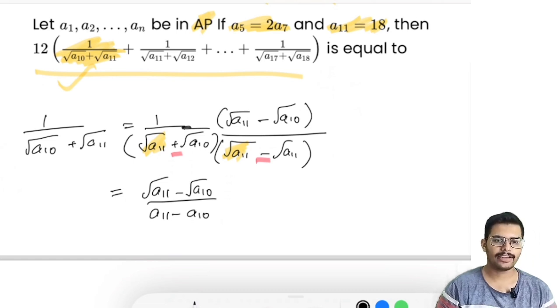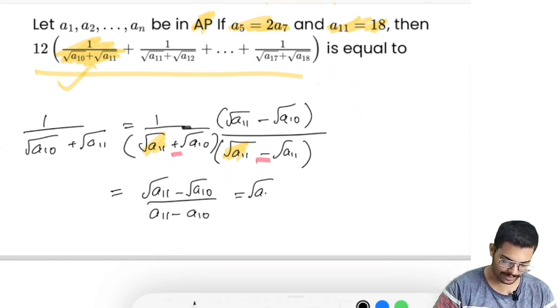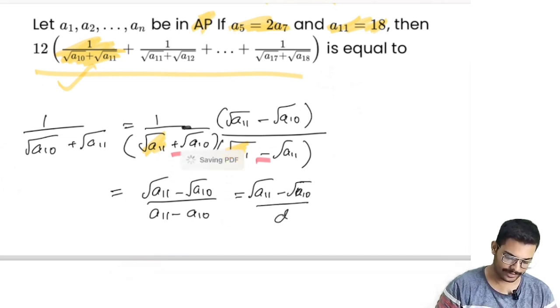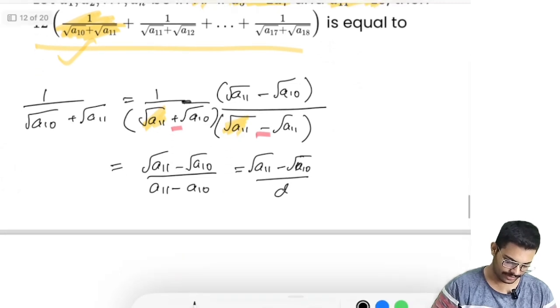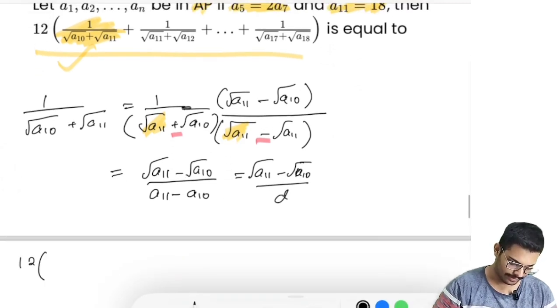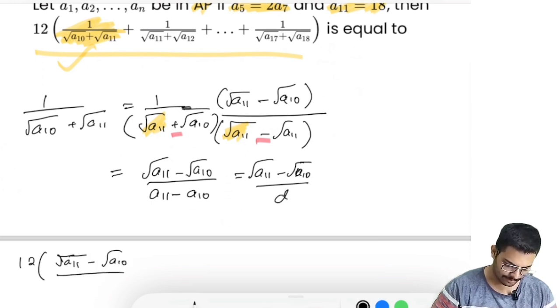What is a11 minus a10? It is the common difference, so we get root of a11 minus root of a10 divided by d. Which means the first value, 12 into this value, is 12 times root of a11 minus root of a10 divided by d.